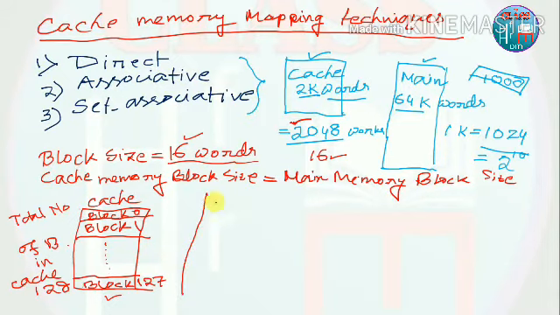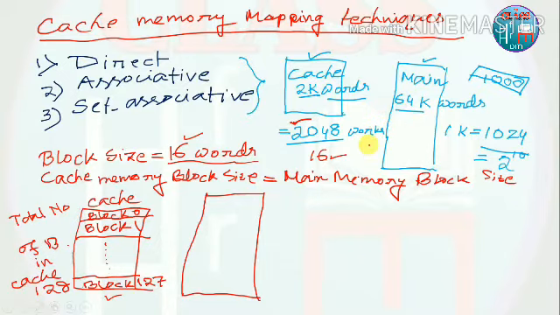Now your main memory also will be divided into a different number of blocks. Now tell me what will be the total number of main memory blocks. Here it's 64k words.